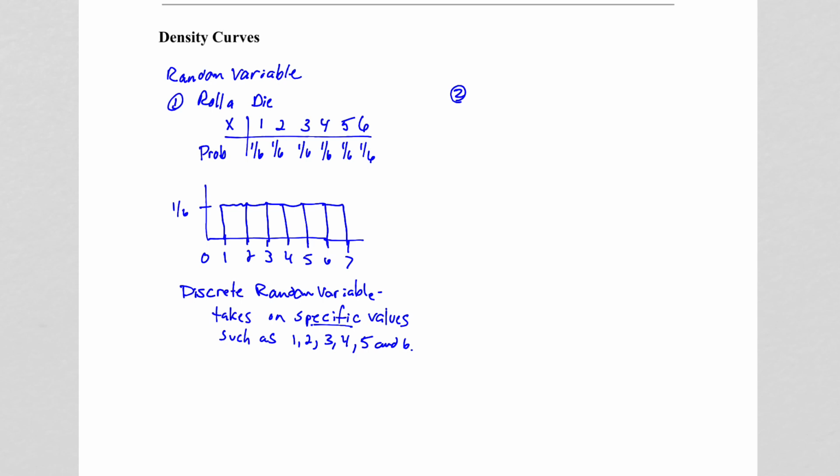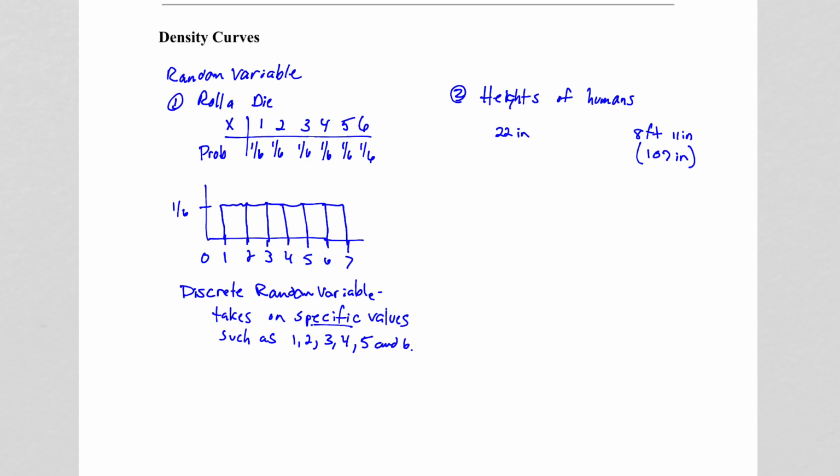If we were looking at heights of humans, and after doing a Google search here, I found out that the shortest human ever recorded was 22 inches tall, and the tallest was 8 feet 11 inches, which is, if we do the conversion, 107 inches.